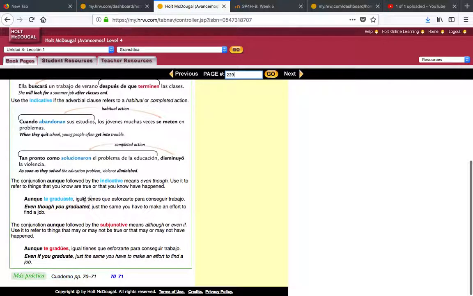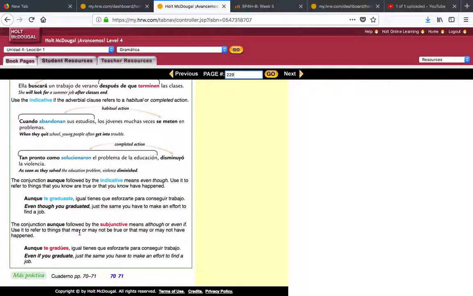But then when you use aunque with subjunctive, like right here, aunque te gradúes, what are you expressing here? It refers to things that might not be true. And aunque plus subjunctive means even if or although.